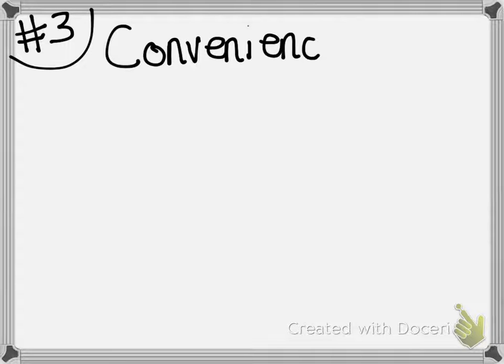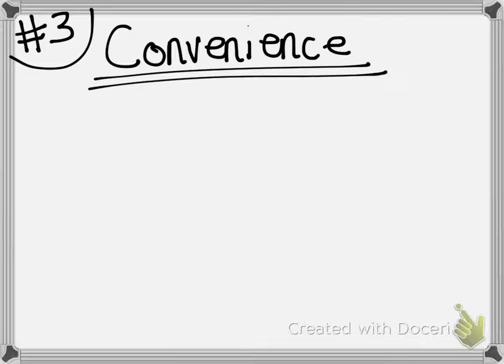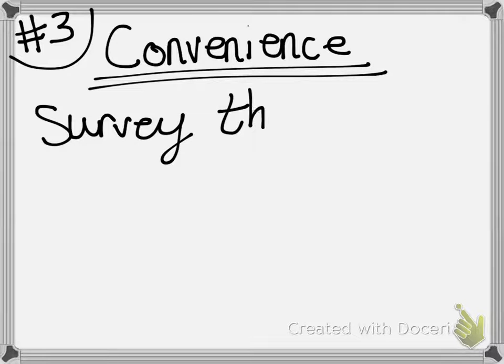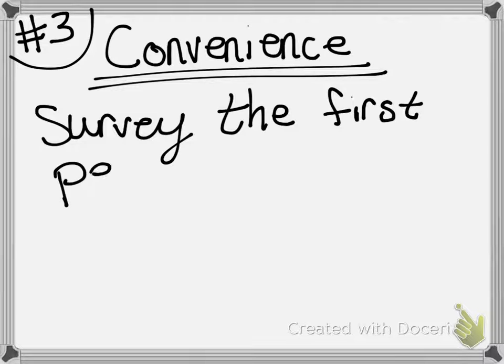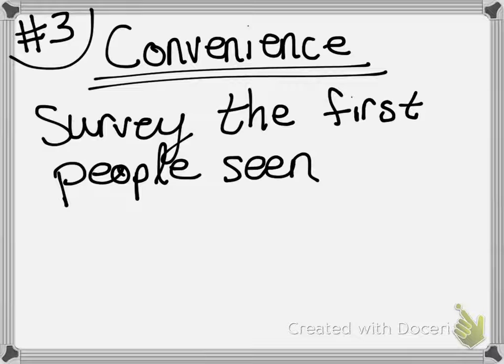The third one is convenience. Whether you're doing a survey or asking people questions, all you're really doing is talking to the first people you see. So if you need to survey 100 people, you're just going to walk up to the first 100 people on the street and go, hey, answer this question for me.